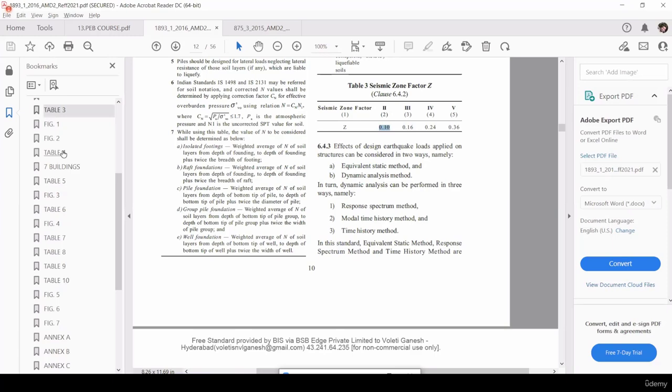This is the time period for different types of structures. For RC MRF building, what is MRF? This is not a tire company. Moment resisting frame. MRF is nothing but moment resisting frame. For RC MRF, we are going to use steel here, so this case is not applicable. And RC steel is composite sections, so this is also not useful in our PEB case.